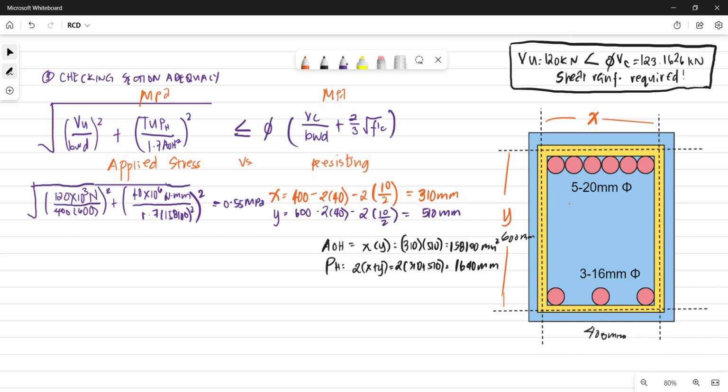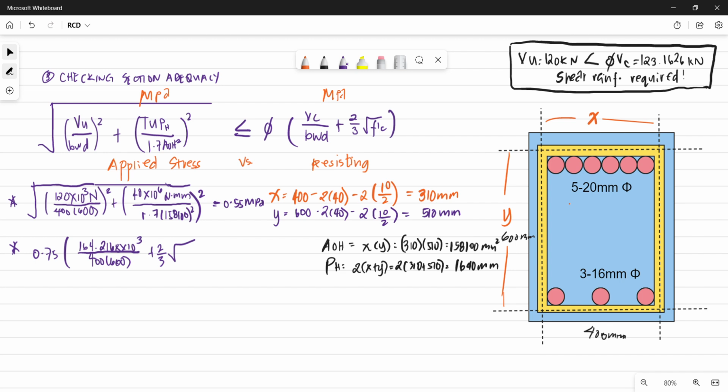Next, your phi Vn for resisting naman: 0.75 times your VC na 164.2168 times 10 raised to 3 divided by 400 times 600, plus 2/3 of your square root ng FC prime.